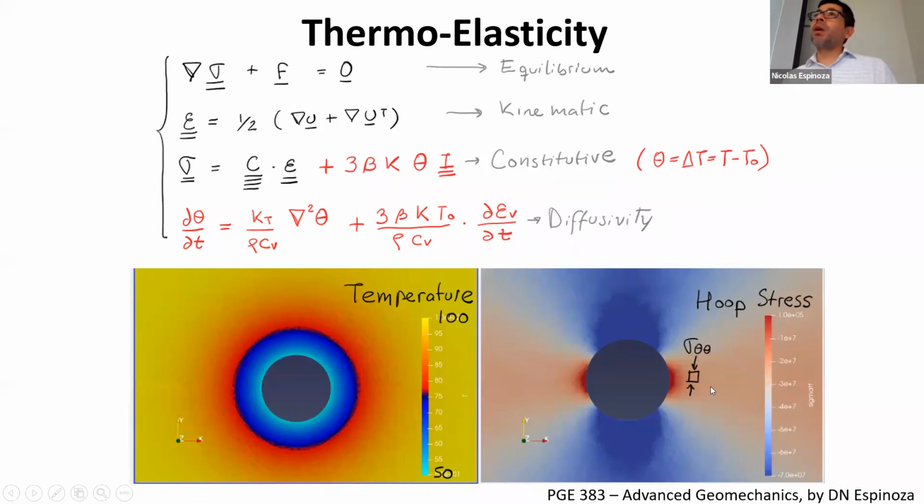This is also very well known in drilling. If you drill with a cold fluid, will the fracture gradient be the same, higher or lower than drilling with a fluid that has the same temperature of the formation? Okay, well, Mohammed says higher pressure gradient drilling with cold fluids.